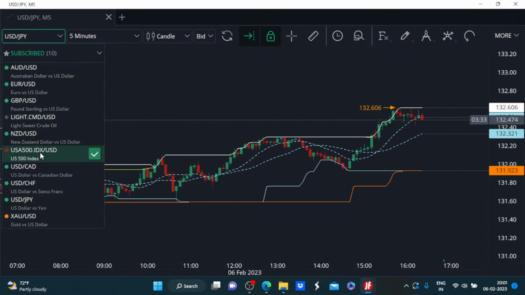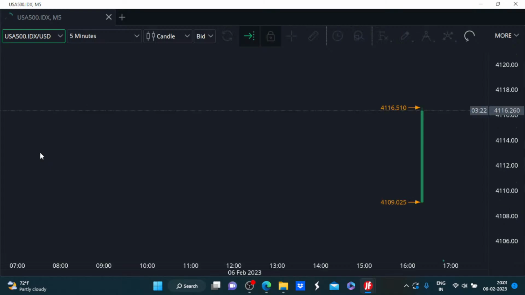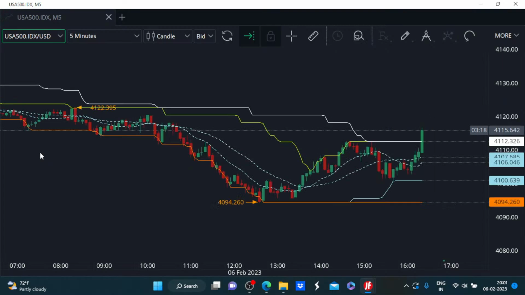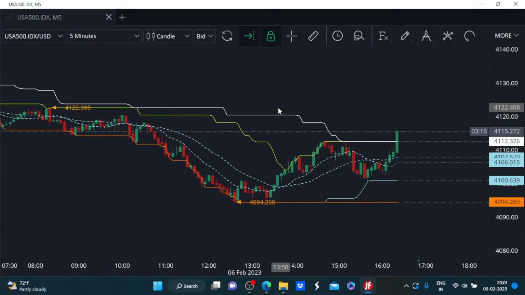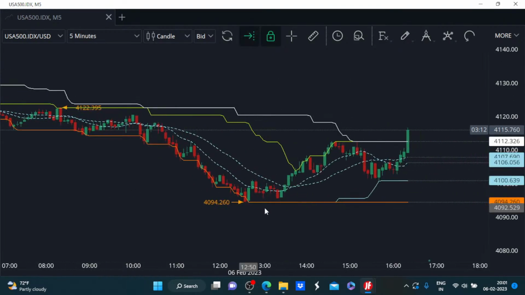Now let's turn to the equity segment. Here in the equity segment, we are seeing the S&P 500 starting to rise after making the low just a little below 4,100. So there is this substantial jump now.